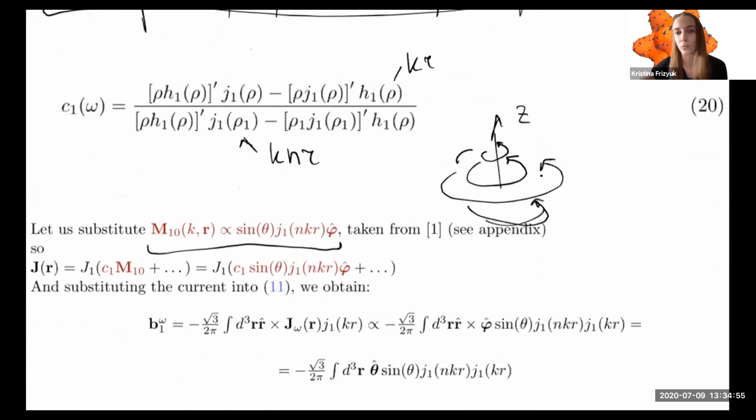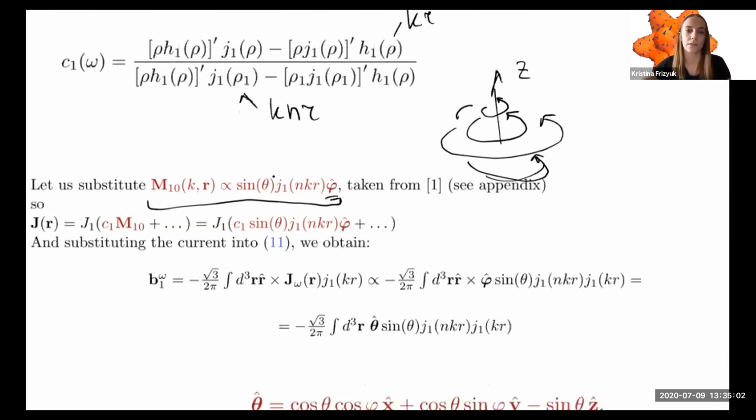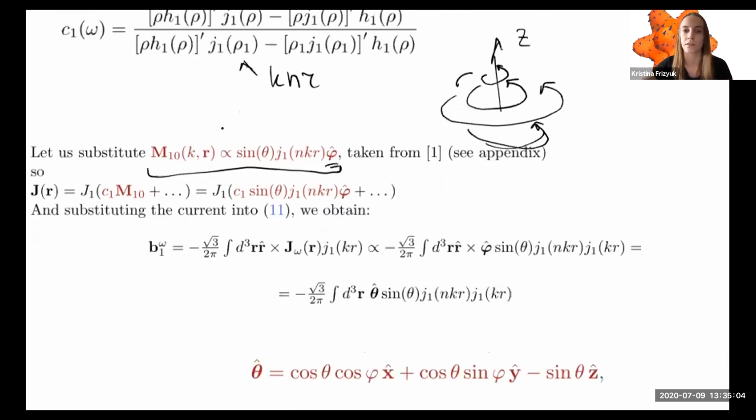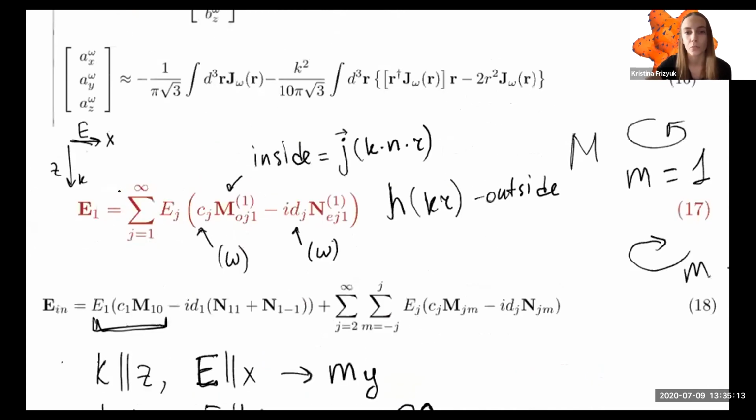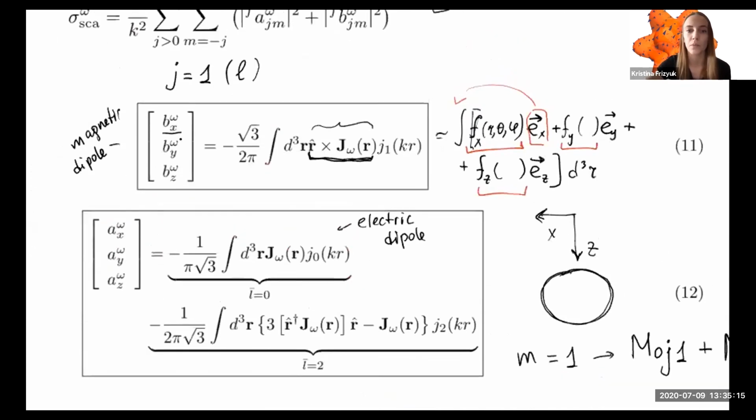They are all parallel to the phi vector. This is the simplest vector spherical harmonic, and we can now substitute the current into the main formula just to obtain these coefficients. So all we need to do is to substitute this current here.